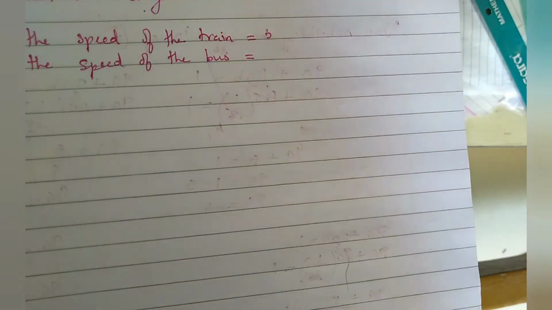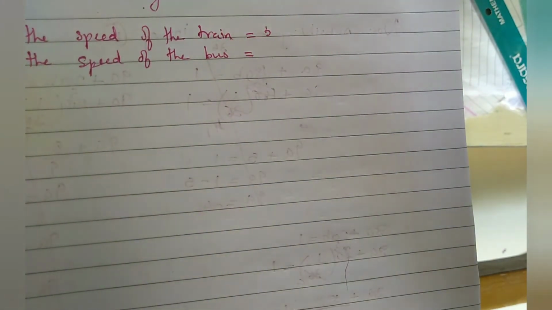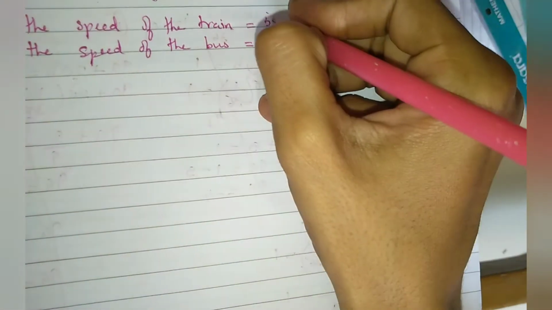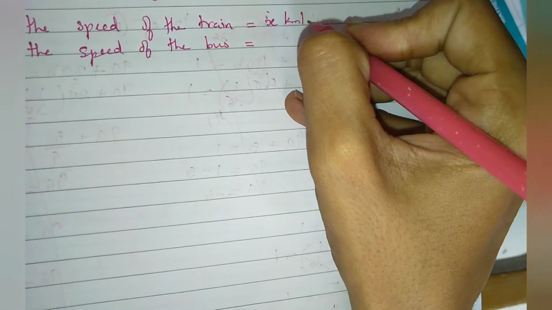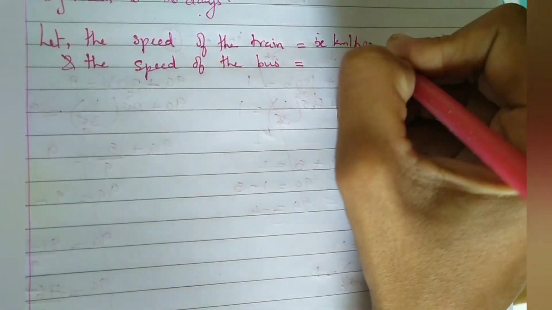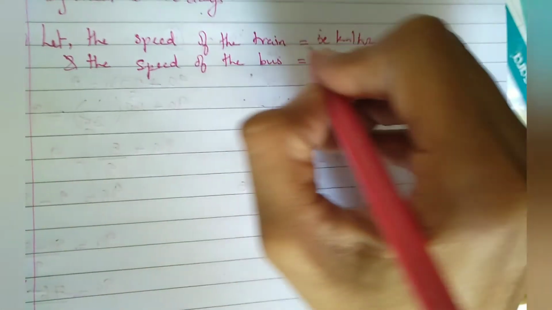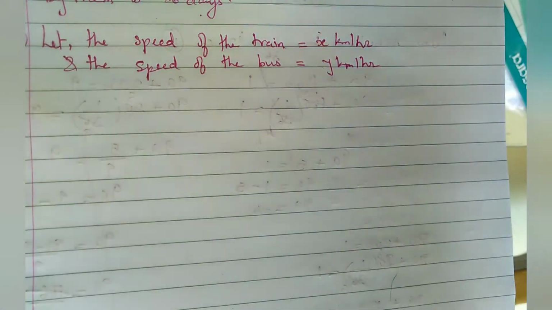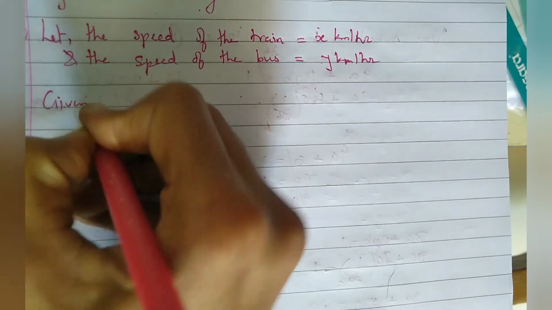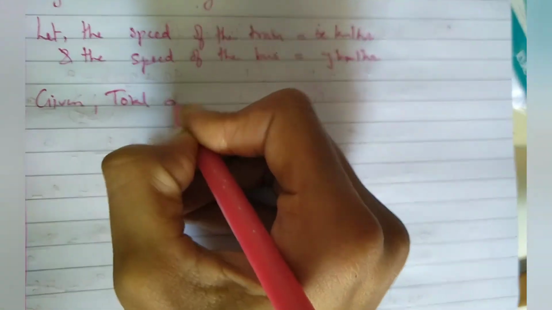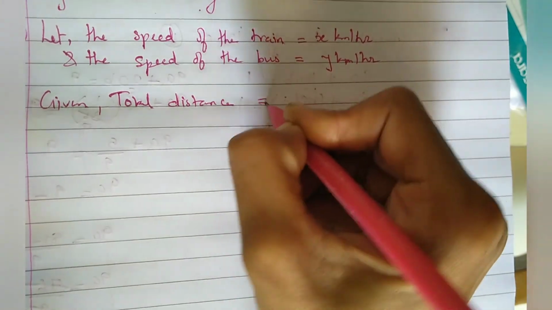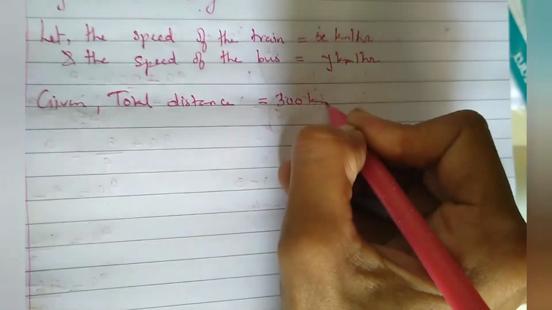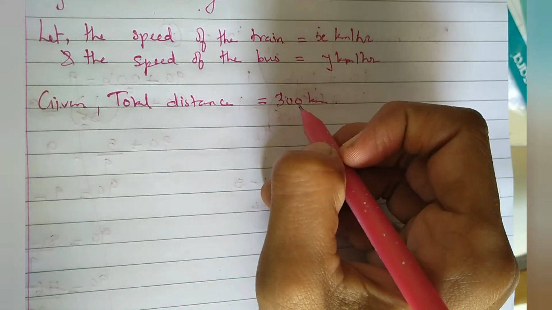Let the speed of train be x kilometer per hour, and the speed of bus be y kilometer per hour, and given total distance equal to 300 kilometer. Okay, total distance equal to 300 kilometer.